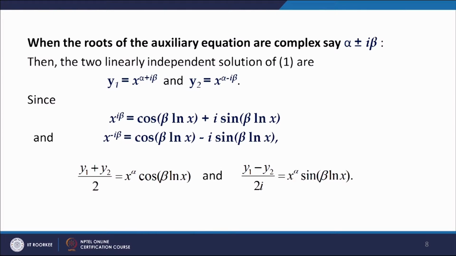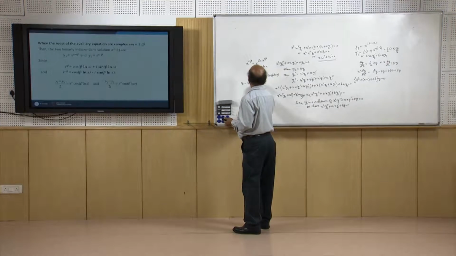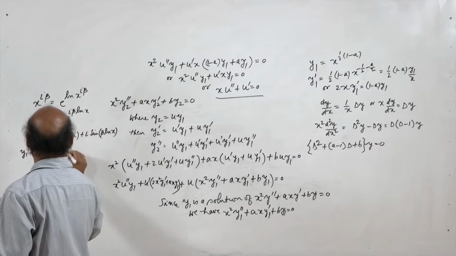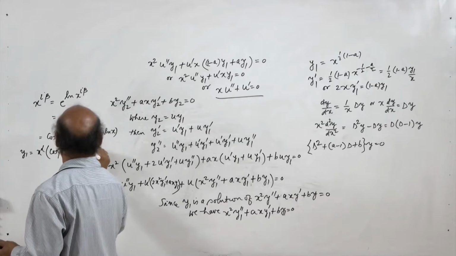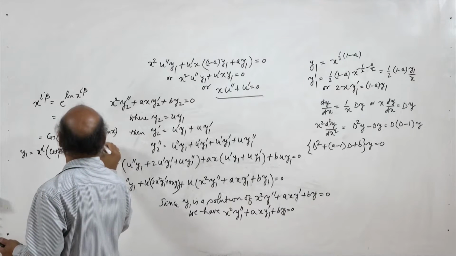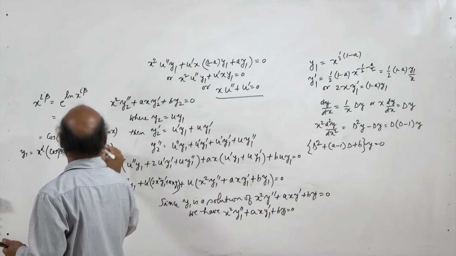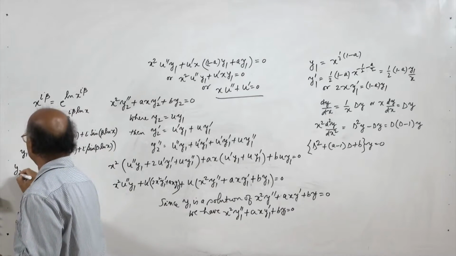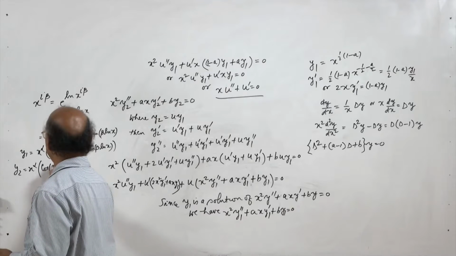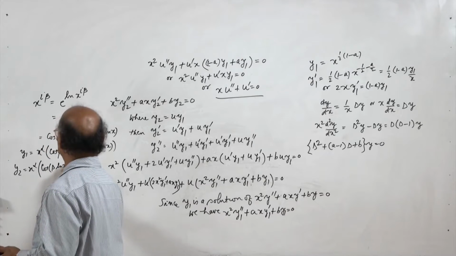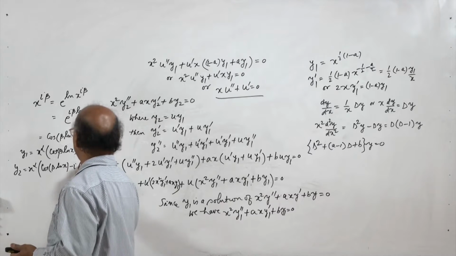And now, so by 1 will be equal to x to the power alpha times cos beta ln x plus I sin beta ln x, and by 2 is x to the power alpha times cos beta ln x minus I sin beta ln x.